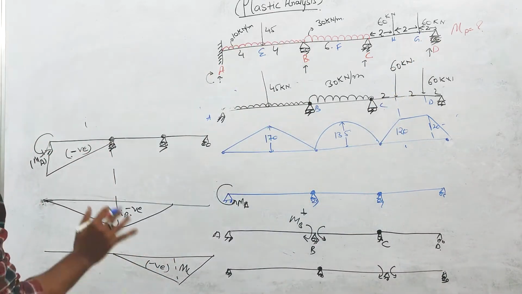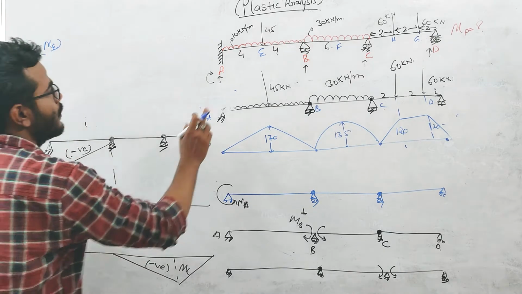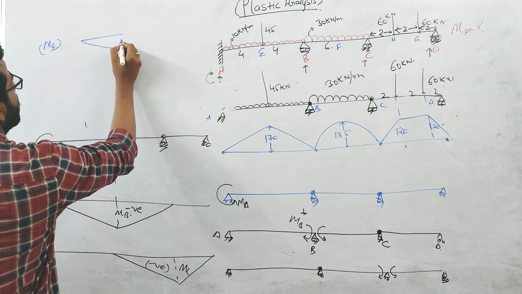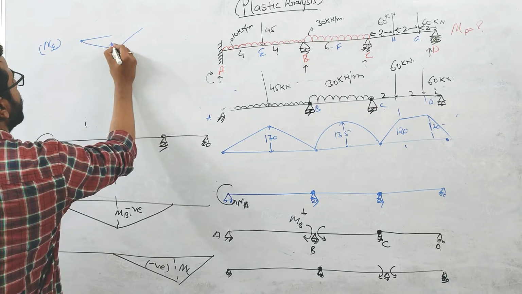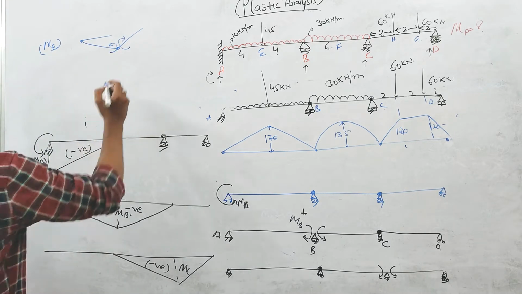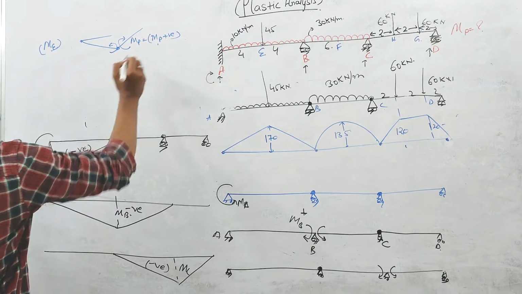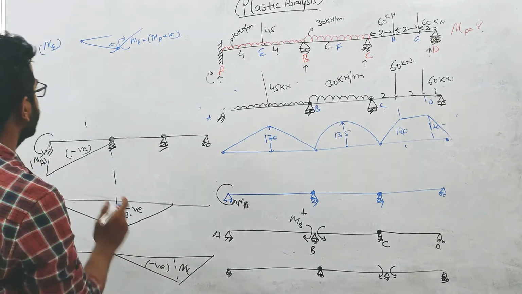So the equilibrium equation for ME, if you want to calculate the moment at this point E, when the plastic hinge is forming at point E, it will deflect like this. The moment here is a sagging moment, so this MP will be positive, right? So if you write the equilibrium equation at this point E, what will be our equation?